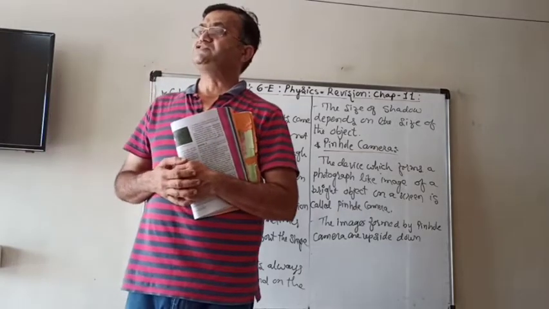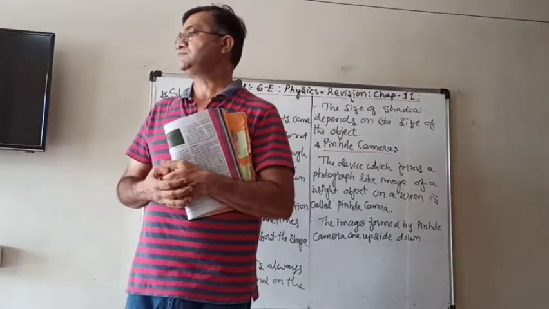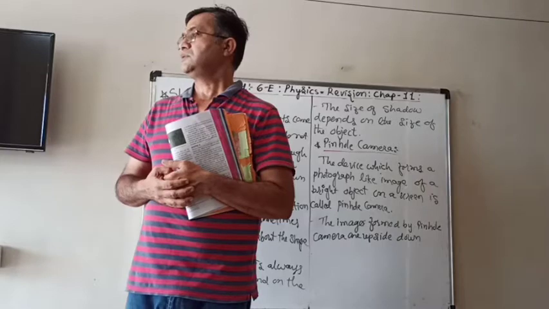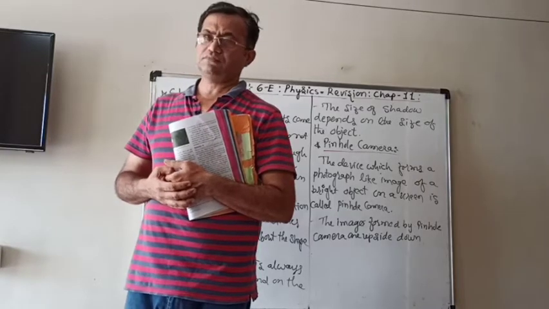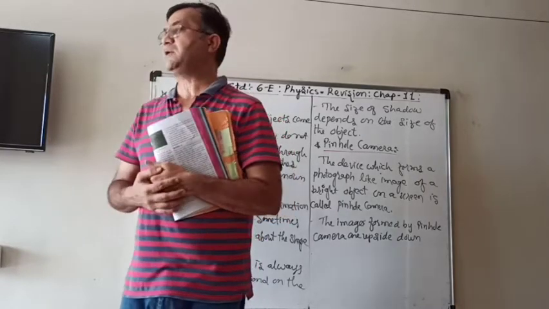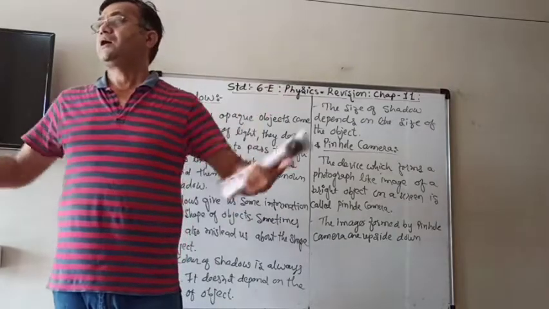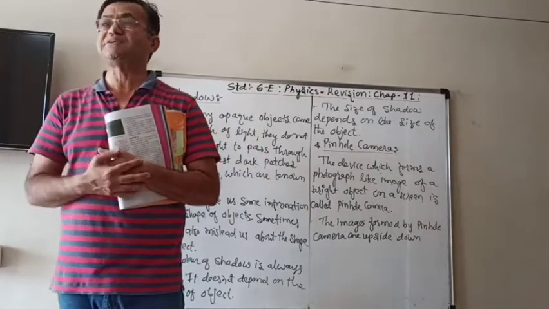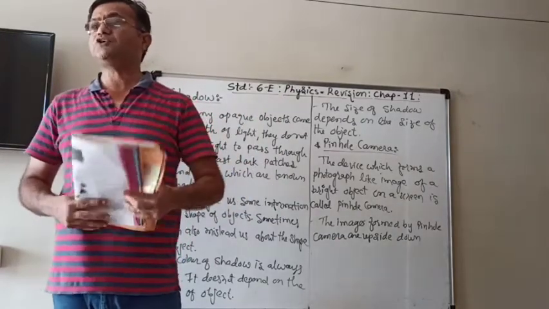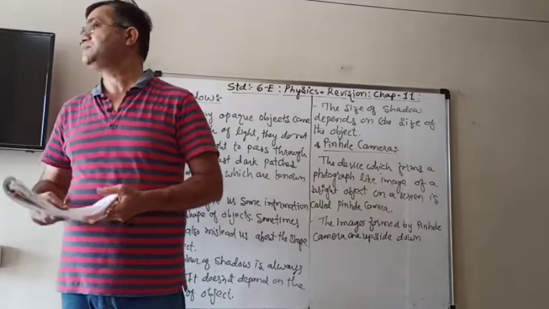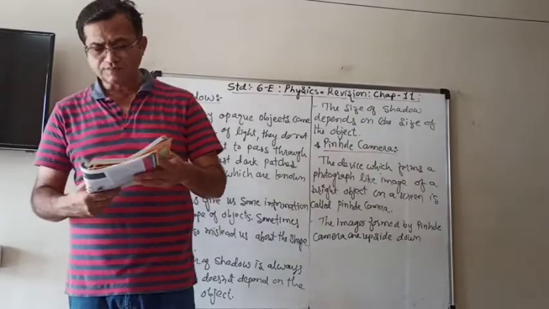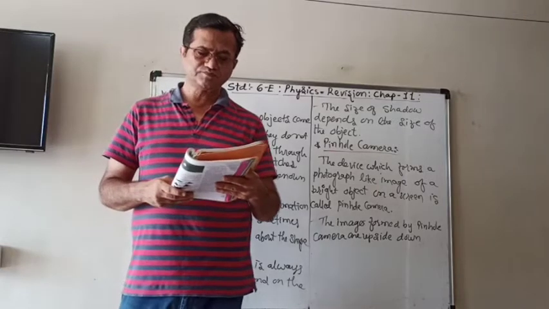Generally, a shadow can be found in light, but if you want to see it properly, then the surrounding area must be dark, so that you will be able to see the shadow of the objects properly.